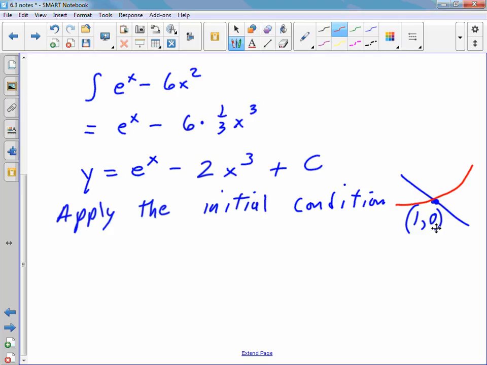Even if you haven't done it, you can handle that. So what's that going to look like? 0 is y equals e to the first minus, see that, plus C. So this initial condition will tell us exactly the value of C. You can eliminate C by having limits of integration or by having an initial condition, and that's what we're looking at here. Okay? So let's keep going.